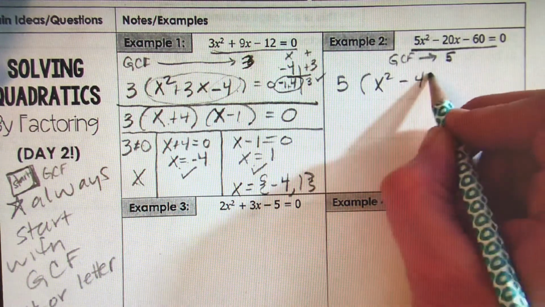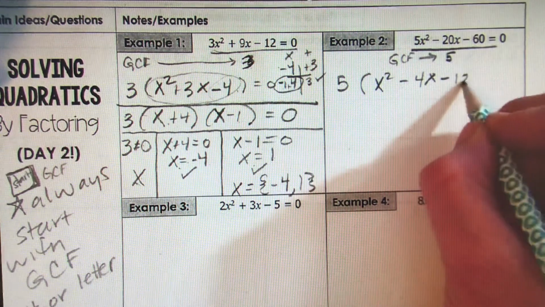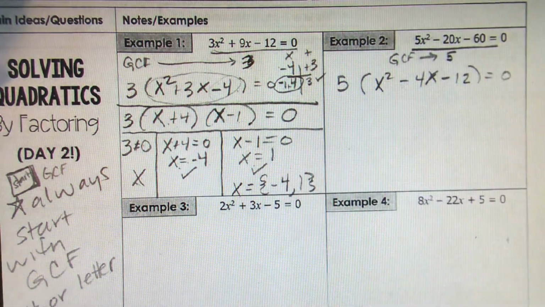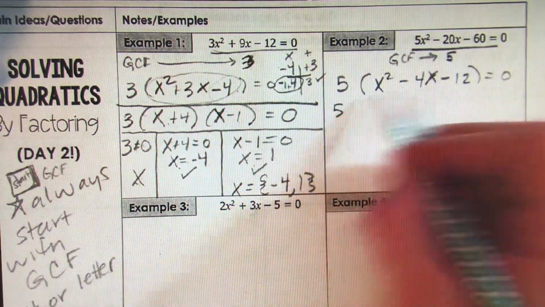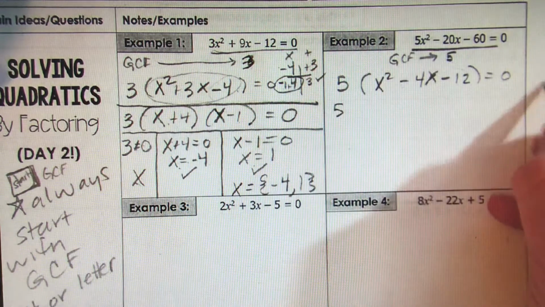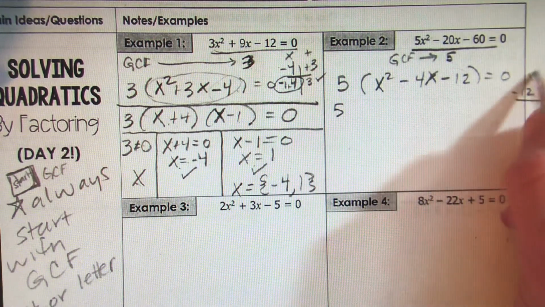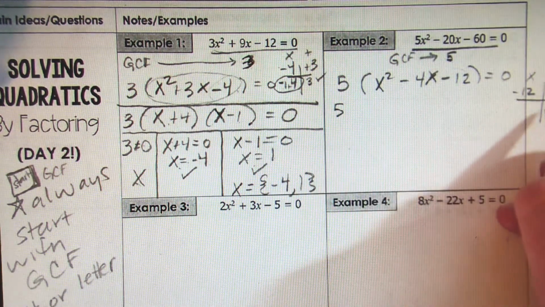I should have -4x, and -12. So that's how I would rewrite this into a basic trinomial. Now I can find my factors. I'm going to use the product sum game. I'm going to get to -12, I'm going to get to -4. And again, you can do the grid method. I know a lot of you like to do that, so just do what works for you.